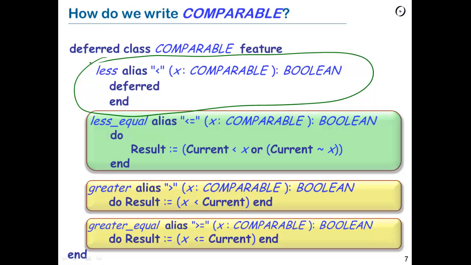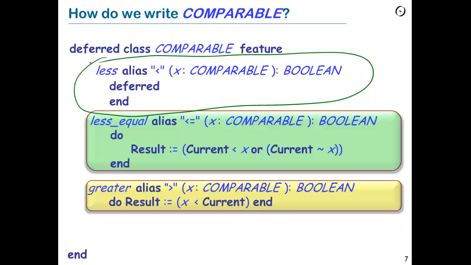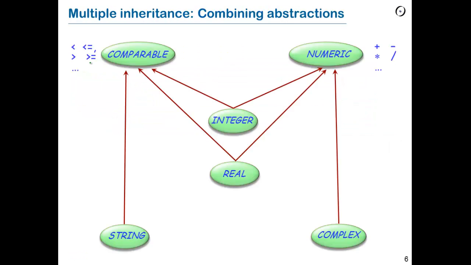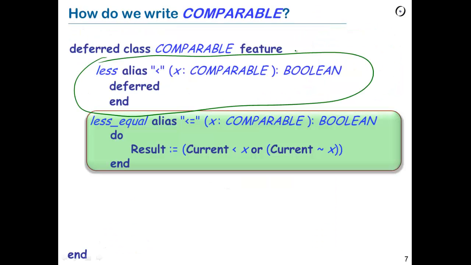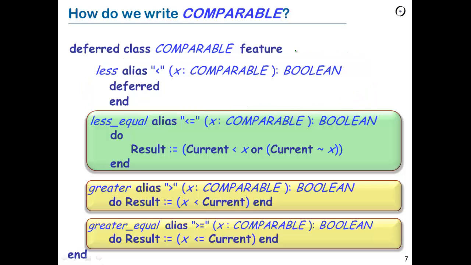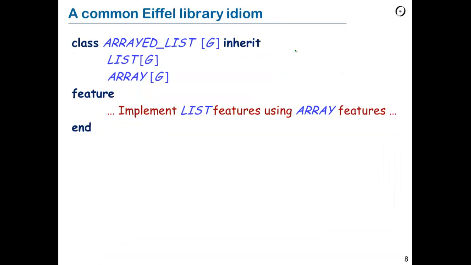So in a situation like this, we see that the class comparable should really be a class. It's not good enough to have an interface. And the same reasoning would apply to numeric, which is why we really cannot work properly without the full-fledged mechanism of multiple inheritance for both classes, deferred and not.